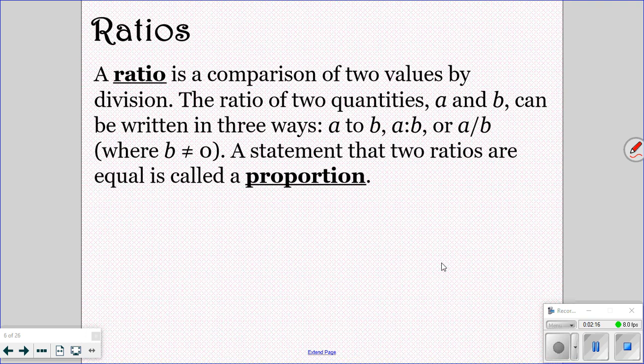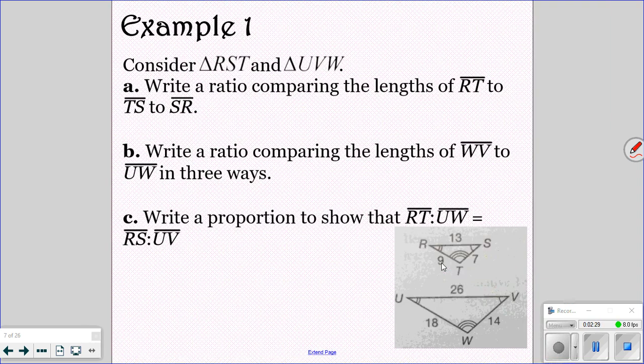A statement where you have two ratios that are equal is called a proportion. So whenever you say A/B = C/D, that's a proportion. So we're going to look at two triangles down here in this picture, and we want to write a ratio comparing the lengths of RT to TS to SR. So the length of RT is 9.